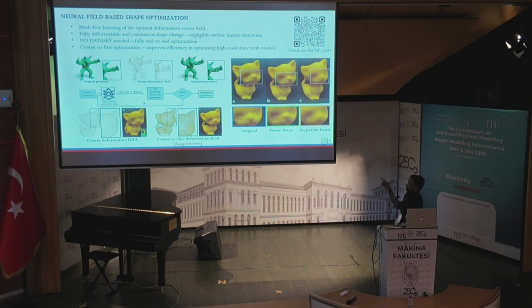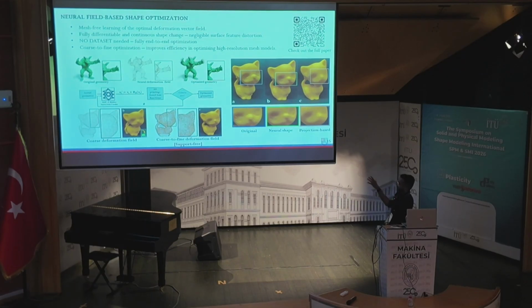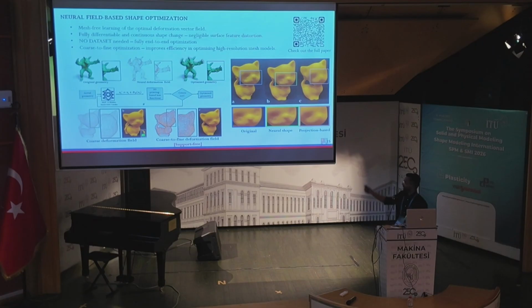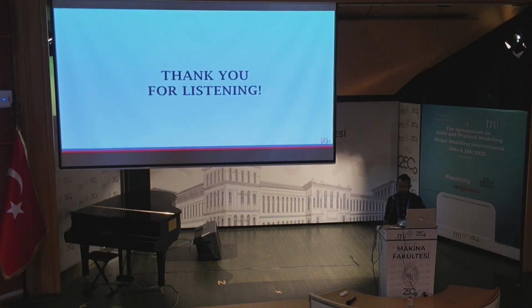And you can see the difference between the original one and the projection based method in our paper and the neural shape. So you can see the face features have been preserved in the neural shape. So for those who are interested, I invite all of you to have a look at the paper. So thank you.